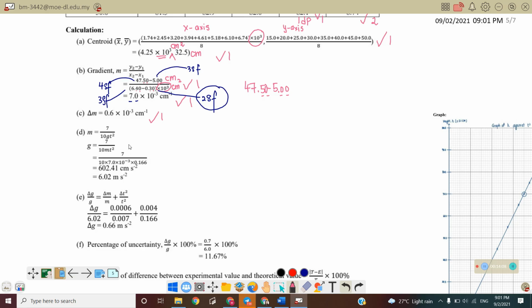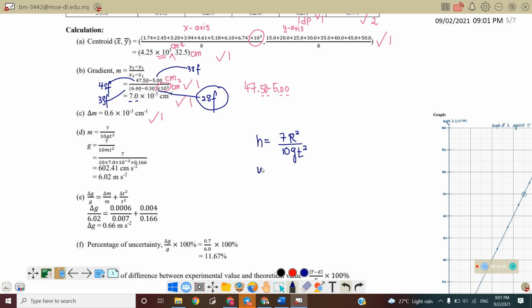Okay, step 4 is you must compare the equation with the gradient. The equation given is h equals 7r squared over 10 gt squared.